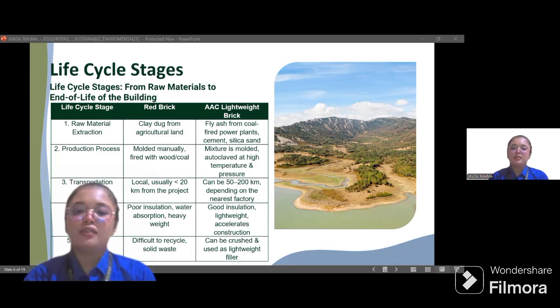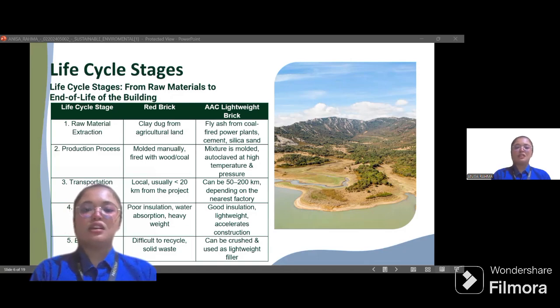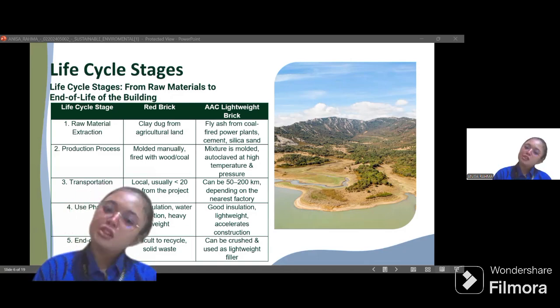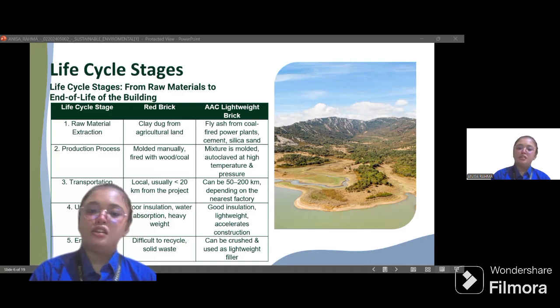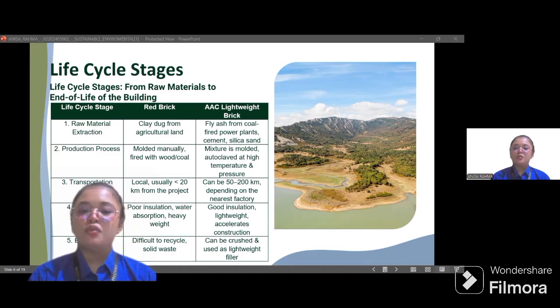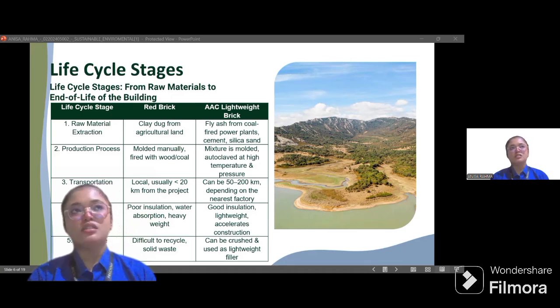Then is end of life. When a building with red bricks is demolished, the material typically becomes solid waste. Due to irregularities and impurities, red brick is difficult to recycle. Many of those bricks end up in landfills or are buried again in the soil.